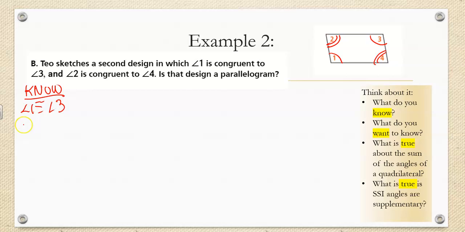This is just a graphic organizer, some way to help you organize your information. And 2 is congruent to 4. Now, what do I want to know? Is it, and again, I'm shortcutting a little bit, a parallelogram.